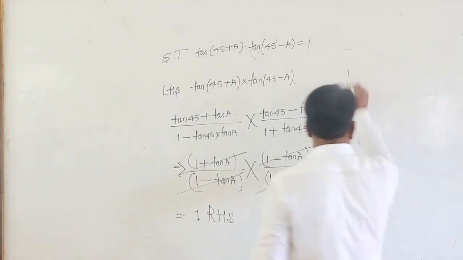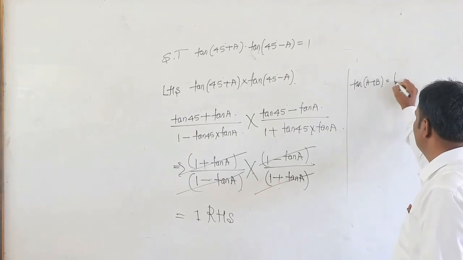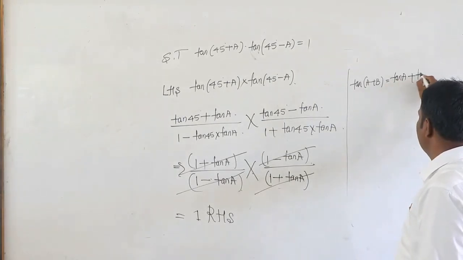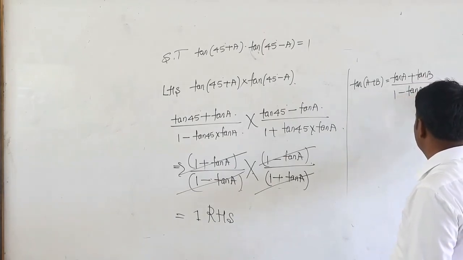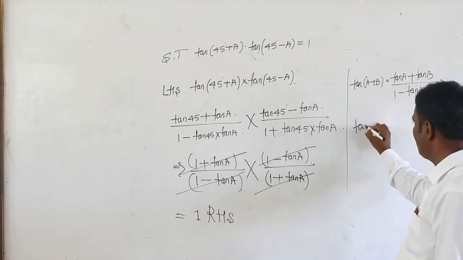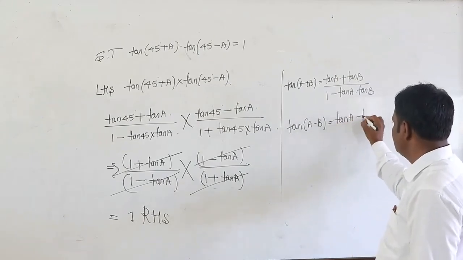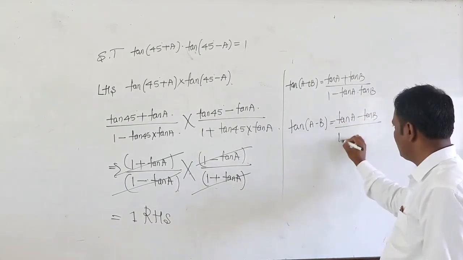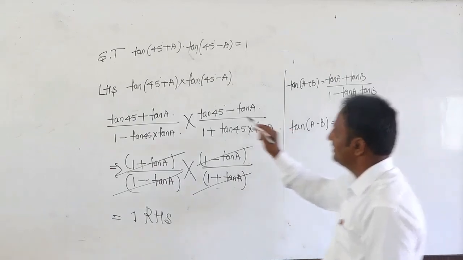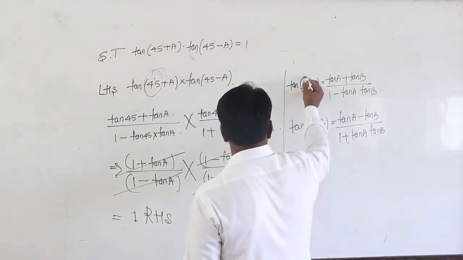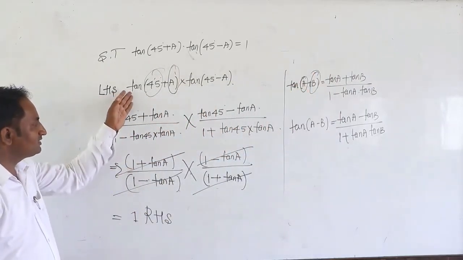We know the result that tan of A plus B is equal to tan A plus tan B divided by 1 minus tan A into tan B. Similarly, tan of A minus B is equal to tan A minus tan B divided by 1 plus tan A into tan B. Here in place of A, 45 degree is there, in place of B, A is there. Then applying this result we get LHS is equal to RHS.